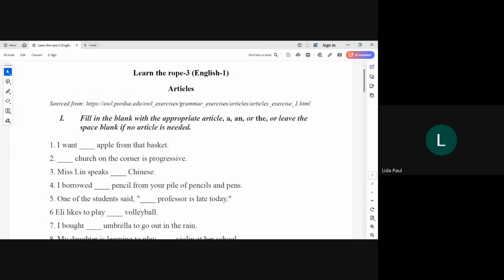It still means that the whole of the tiger family is ferocious, but this one stands as a representative of that whole thing, right? So the meaning is similar in that sense to saying the tiger is a ferocious animal, because in both cases you are talking about the class as a whole. But when you say a tiger, you are taking that one tiger as a representative of the whole class, right? So a and the are both right grammatically, but the meanings that they produce are different.